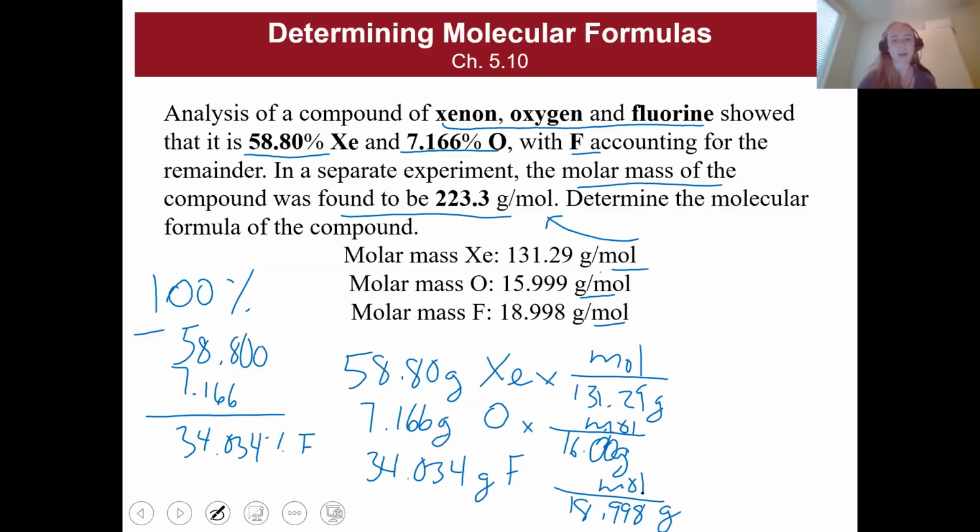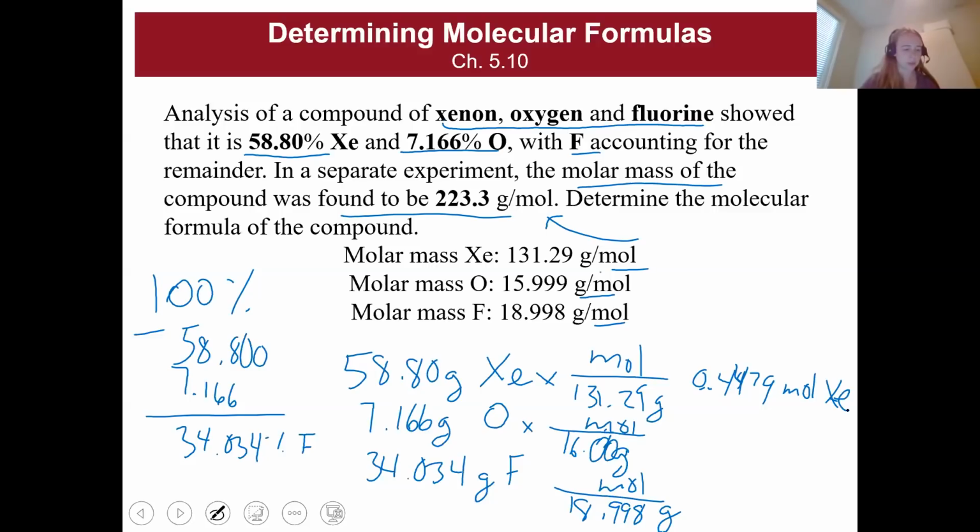Okay, so we divide all those numbers and let's see what we get. For this first one, I got 0.4479 moles of xenon.